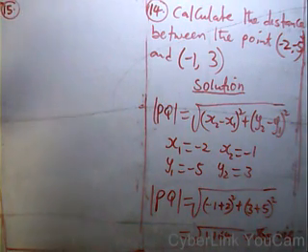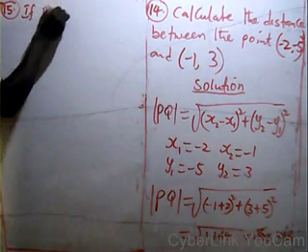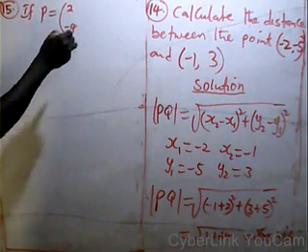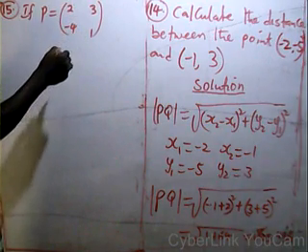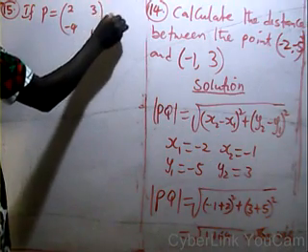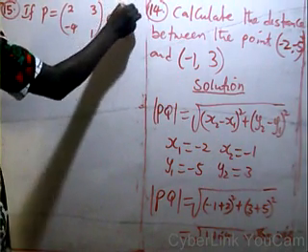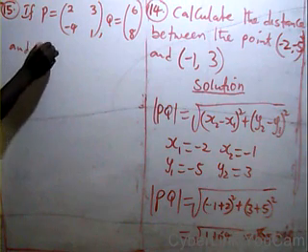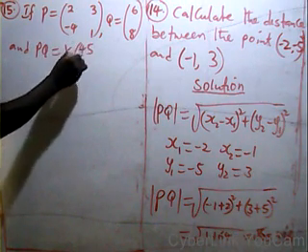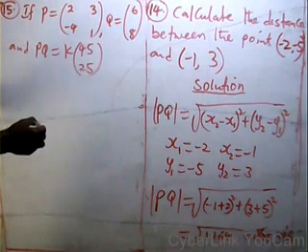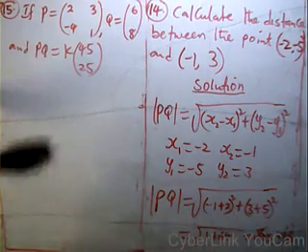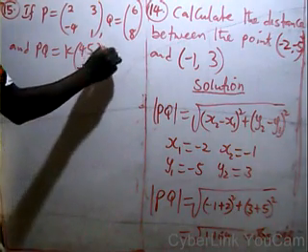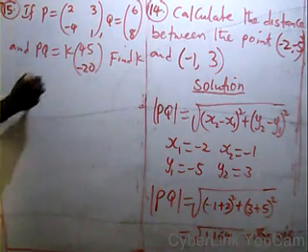Less than 15. We are told that if P is equal to the matrix 2, minus 4, 3, 1, Q is equal to the column matrix 6, 8, and PQ is equal to K times the column matrix 45, minus 20, then we have to find the value of K. Find K. Solution to this.